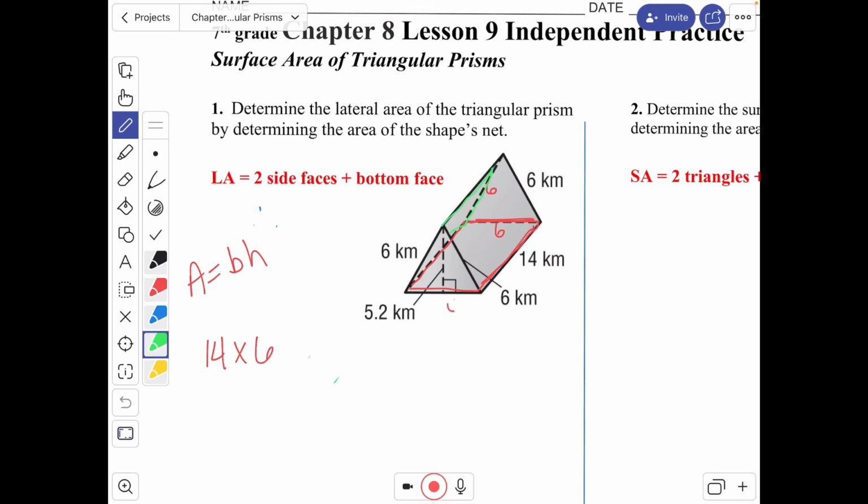And then this rectangle on the back, the base is also 14, and the height is also 6. And then we have this rectangle here, where the base is 14, and the height is 6. And then we want to add all those together. So there's your formula. That'll be the first answer. And then you have to actually solve that.